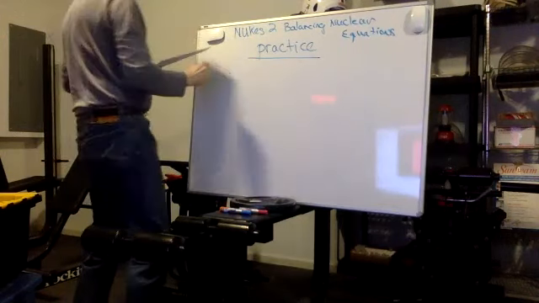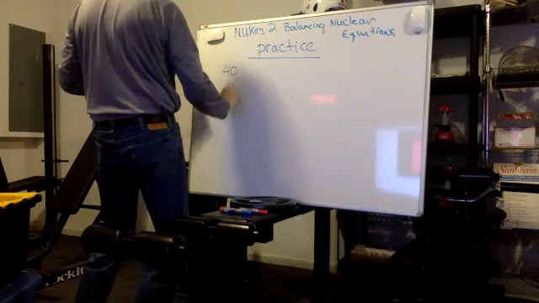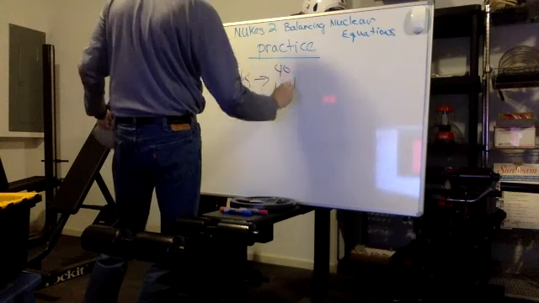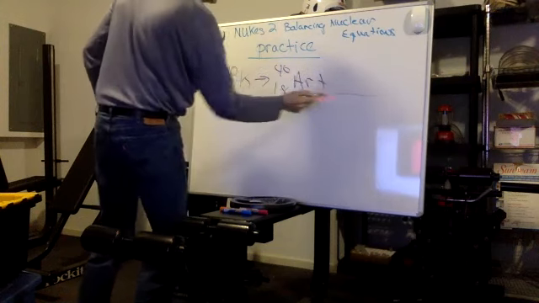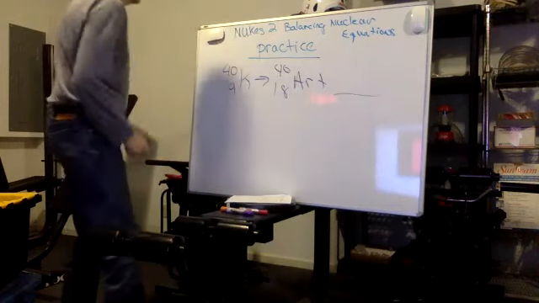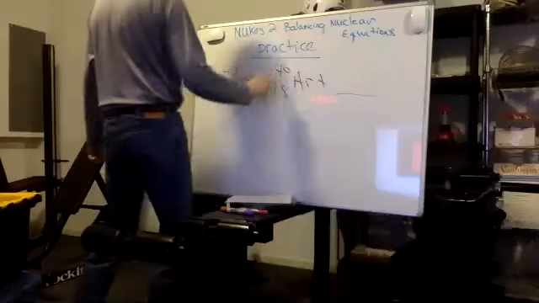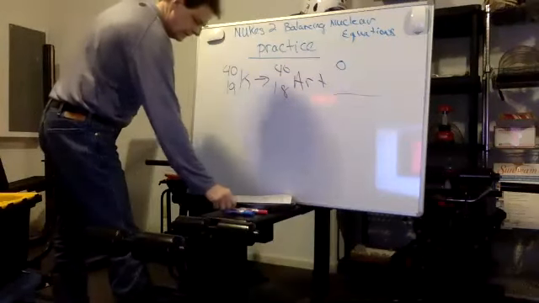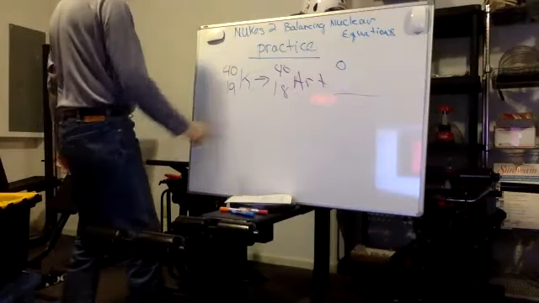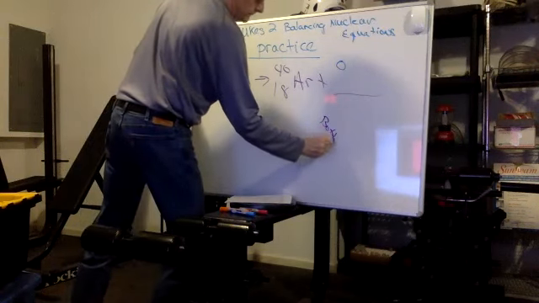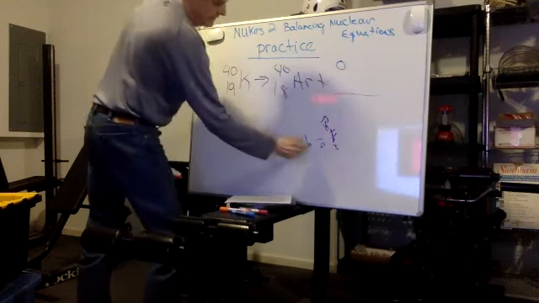Number 5. Argon. All right. Looks like another easy one here. We're going to slide. We got 40, we got 40, got a 0 on top. We've got to get 19 on the bottom. We have 18.